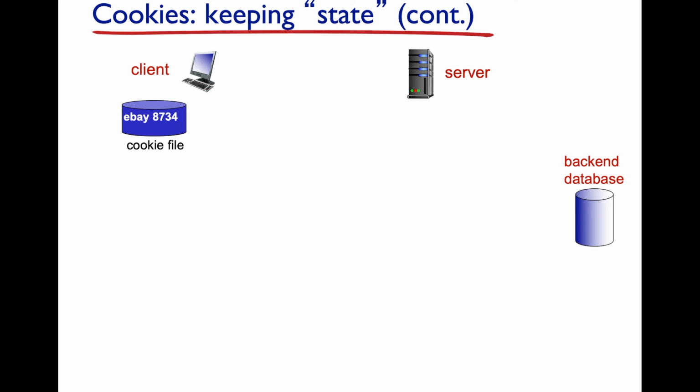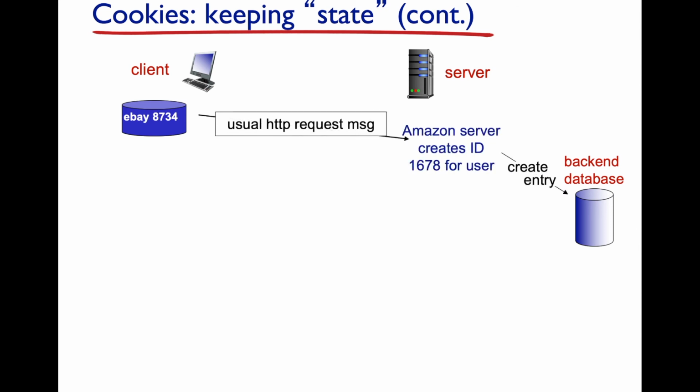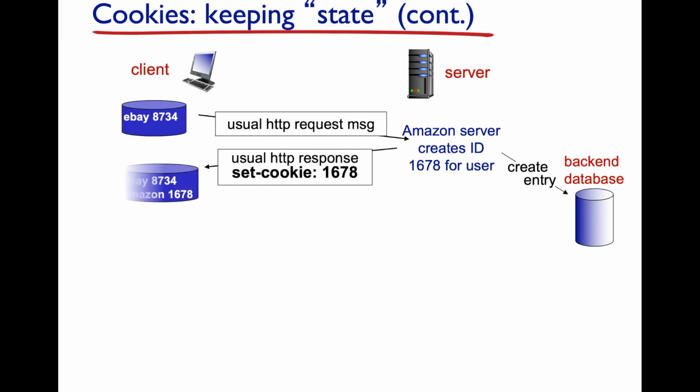Suppose you are on your machine and you initiate a request to, let's say, Amazon. And Amazon, when you do your search, it creates an ID for the user and an entry in the backend database. When it returns back a response, one of the header line entries is set cookie. So the set cookie for Amazon.com has a value, the cookie value, of 1678.